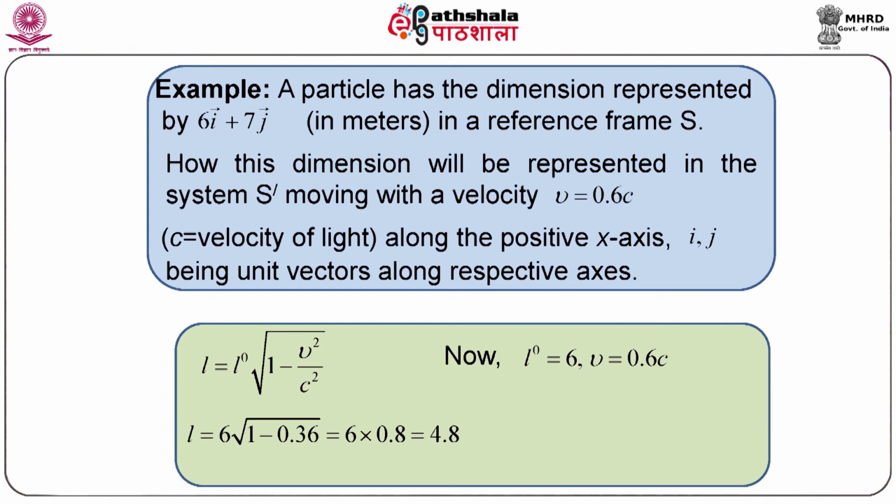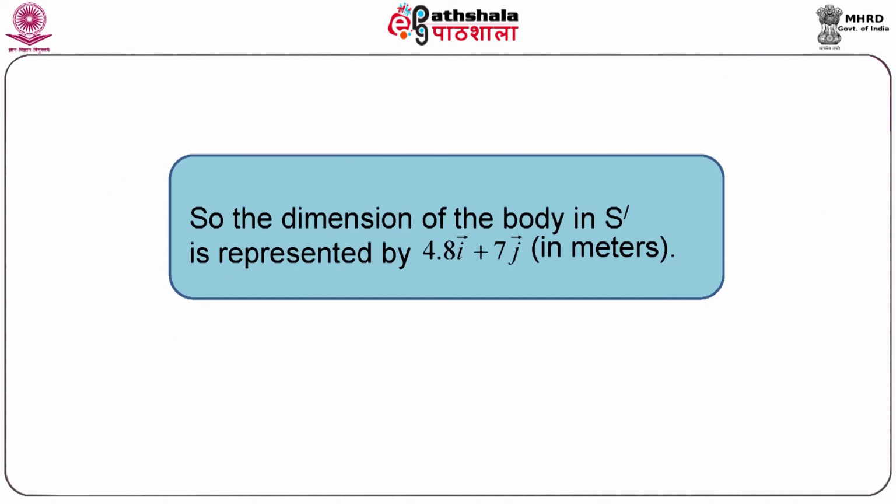Please note that L0 is 6, but L is 4.8. So, length is contracted. So, the dimension of the body in frame S dash is represented by 4.8 i plus 7 into j vector.